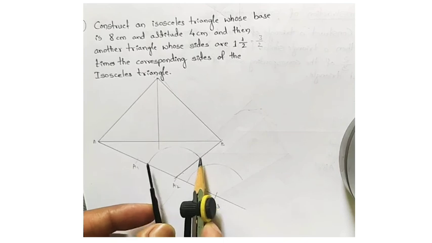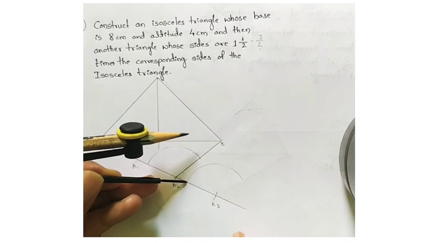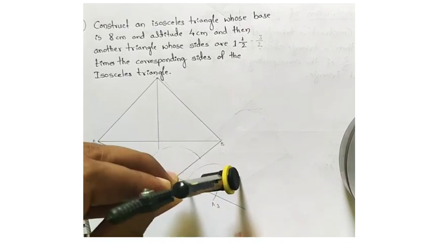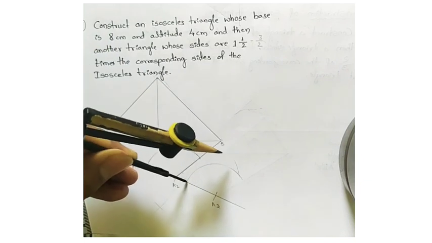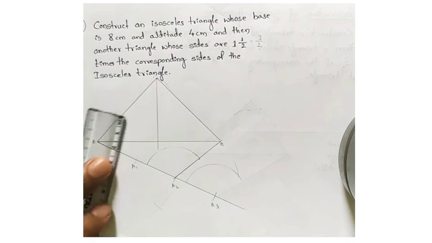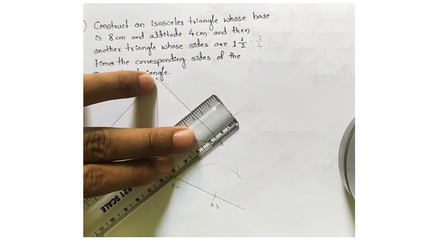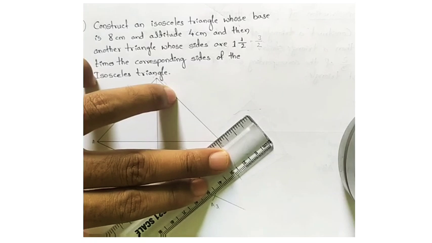So taking the length of the arc, cut the second arc with that length. Okay, now here we got one point, so that will be parallel to the A2 to B.